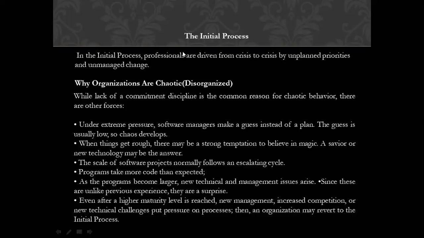Now next point, programs take more code than expected. So obviously skills are required. Sometimes it happens, as a student also, when 2 or 3 people are discussing which project to work on, that just in fantasy we make big commitments that we can work on this thing and that thing. But actually, as per the knowledge and skill, it is not feasible.